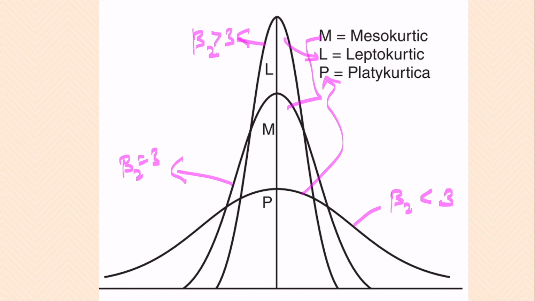And you can also say how the items are concentrated. Leptokurtic, too many items at the center. Then mesokurtic, the normal one, and if the concentration is comparatively little, then it is platykurtic.